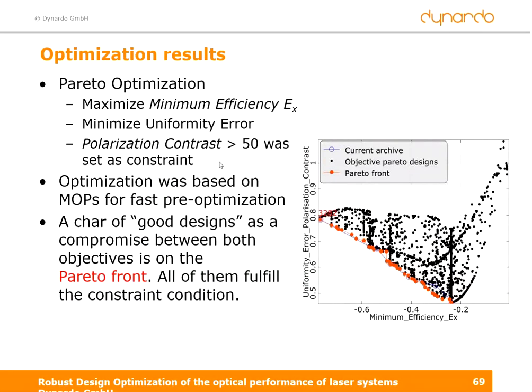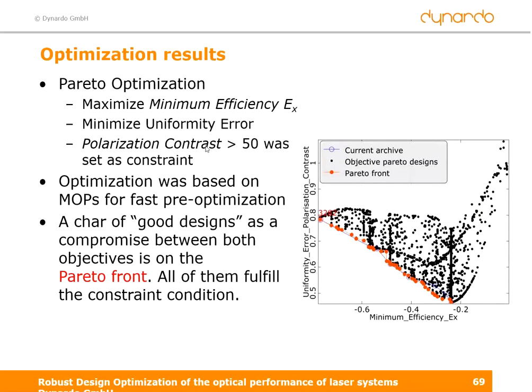Now, based on these results, we can use these meta models for the optimization, and this we actually did for this Pareto optimization. So we defined two objective functions: the minimum efficiency in X direction to be maximized, and the uniformity error to be minimized.